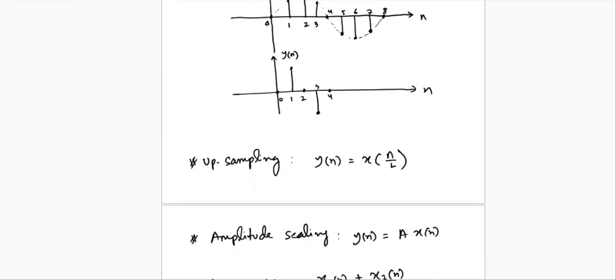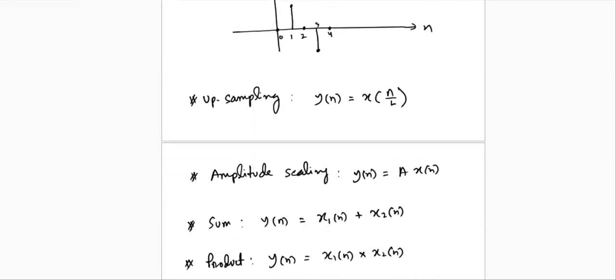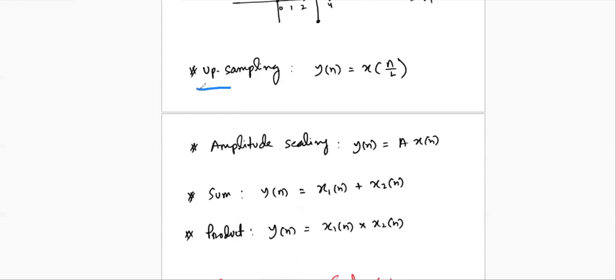Now come to the point of upsampling. This is the equation for upsampling: y[n] equals x[n/2]. So n/L can be any value. Let's say x[n] divided by 2.